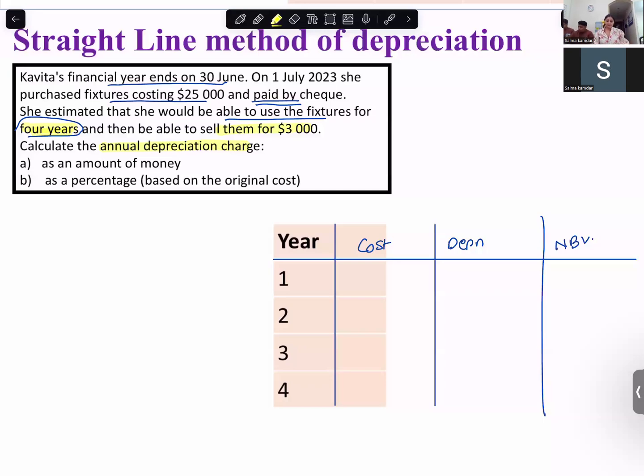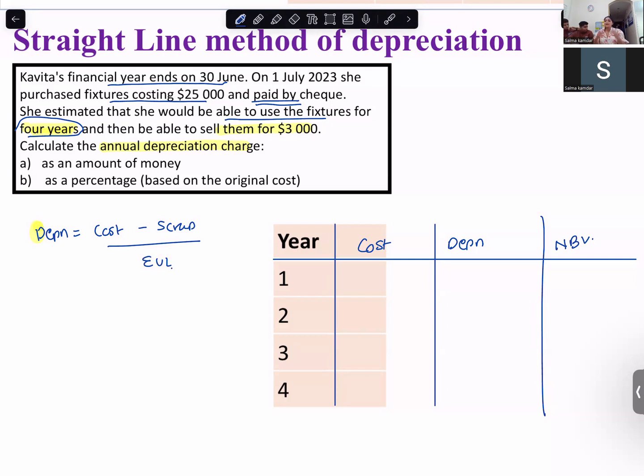In the straight line method, when they ask you to calculate the amount of depreciation, depreciation is nothing but your cost minus your scrap value, upon estimated useful life. What does scrap value mean?